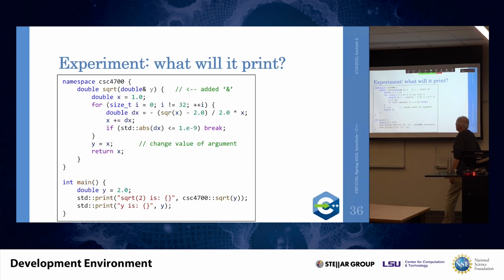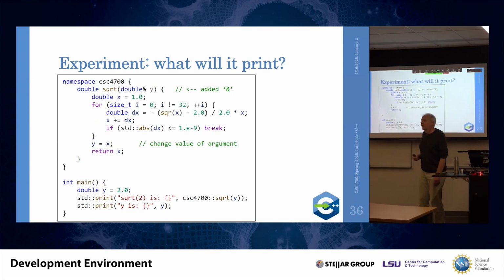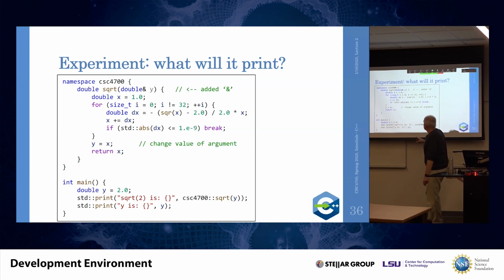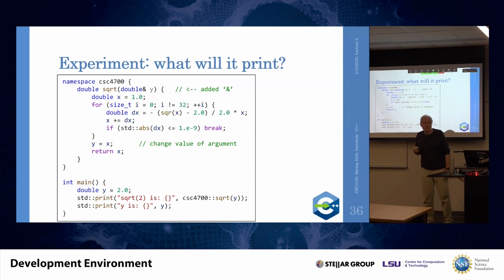Okay, so what if we add an ampersand there? And that ampersand stands for this double is now a reference. It's not a double anymore, but it refers to another variable. In other words, it refers to the very same variable outside. So what will it print in this case?